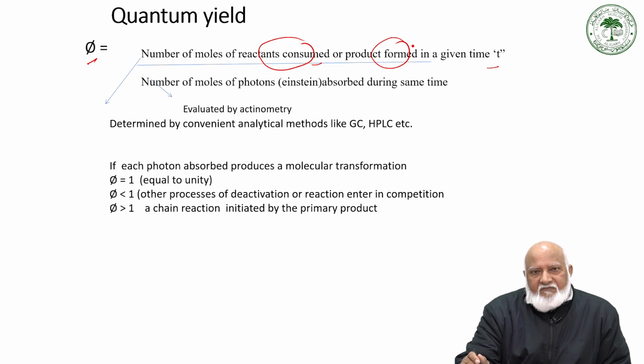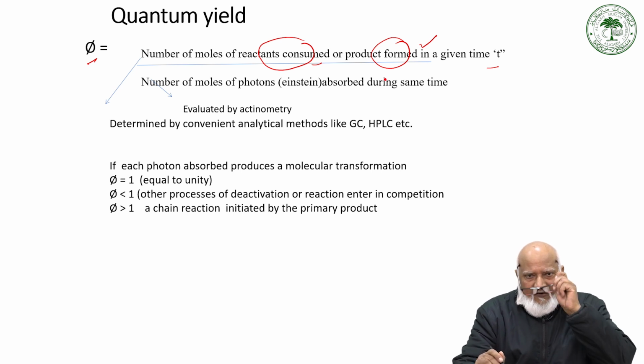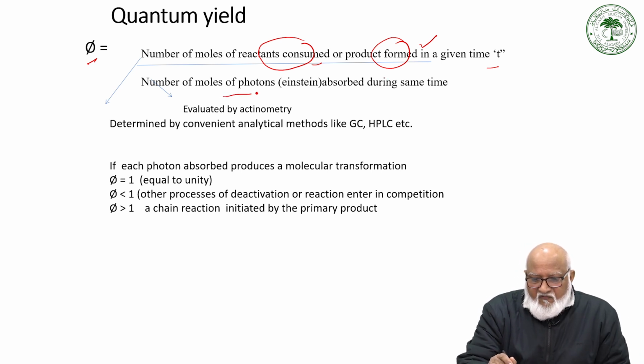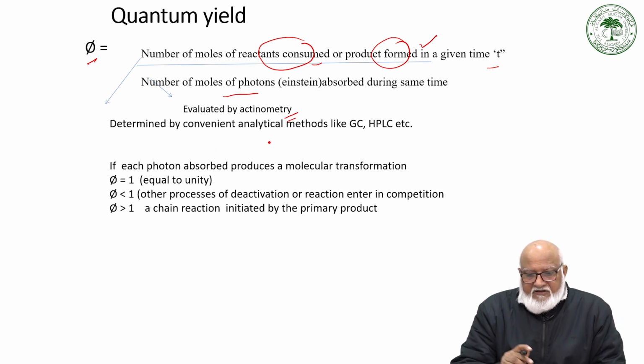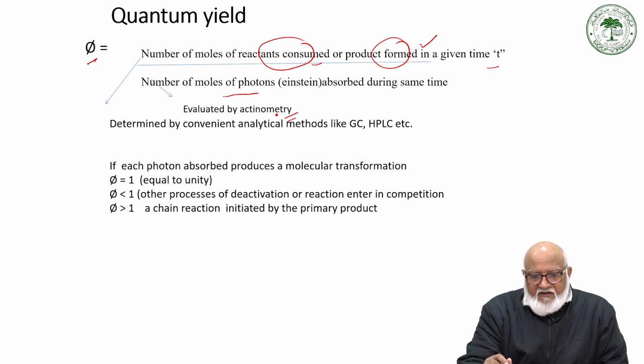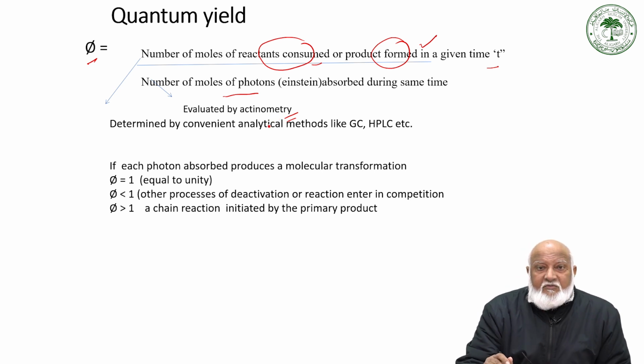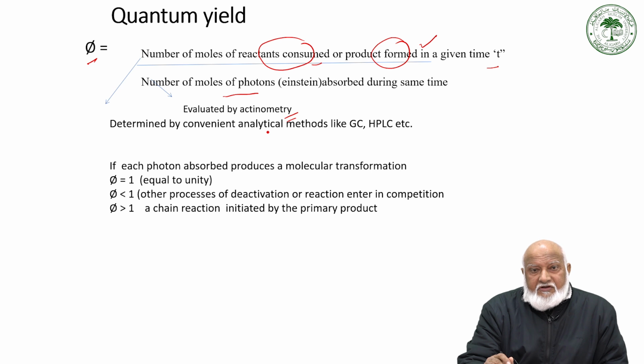So the first parameter can be determined by any analytical tool, whereas the number of moles of photons absorbed can be determined by a method called actinometry. A few standard actinometers are reported in the literature, which I am going to take up in a few slides.